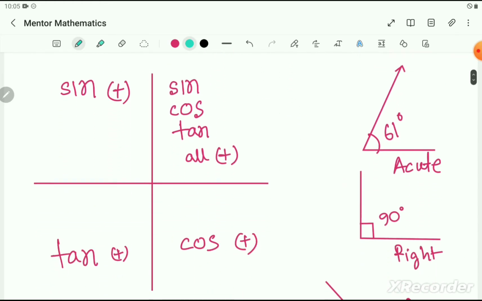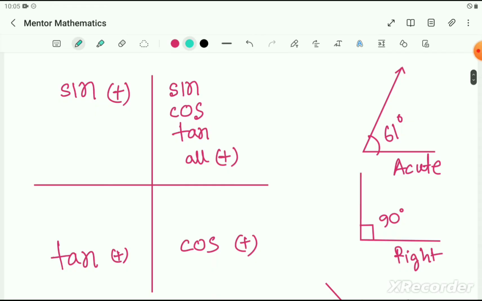To understand this problem, let's understand these coordinates once again. I hope you already know this. This is a Cartesian coordinate system, where we know that sine, cosine, tangent, all three are positive in the first quadrant, in the second quadrant only sine is positive, in the third quadrant only tan is positive, and in the fourth quadrant only cos is positive.